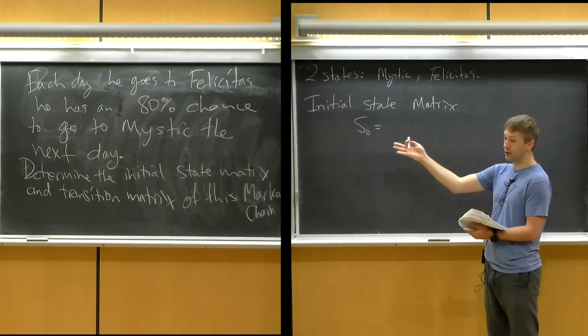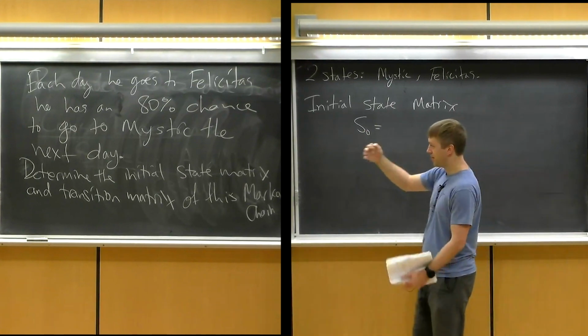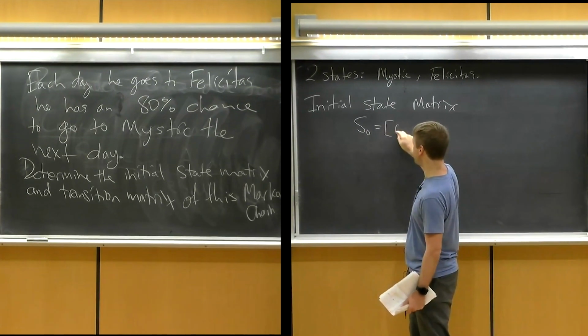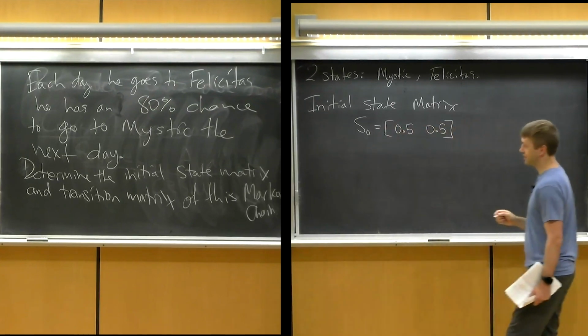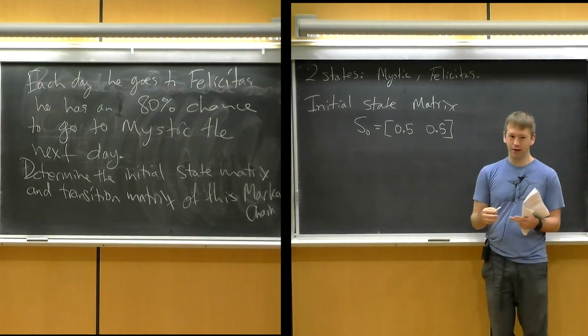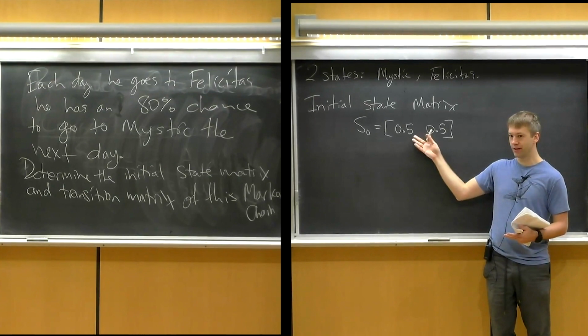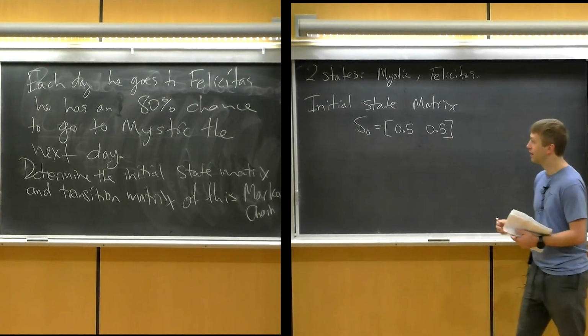What we're told is that on the first day, he just flips a coin, 50-50. So that's our initial state. That's how you should think of these things: before you even start the process, you've got this chance of being in either of the two states.